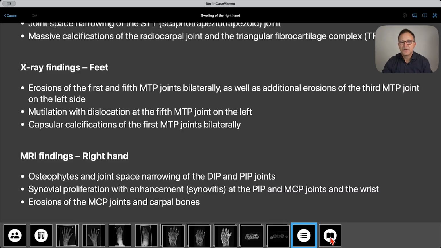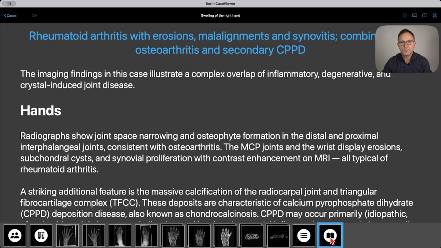So our total conclusion here for this patient is that she had three diagnoses. She has an established rheumatoid arthritis with already late changes, but this disease is still not inactive. We still have active disease that warrants anti-inflammatory treatment. We have osteoarthritis that is affecting other joints than the rheumatoid arthritis.